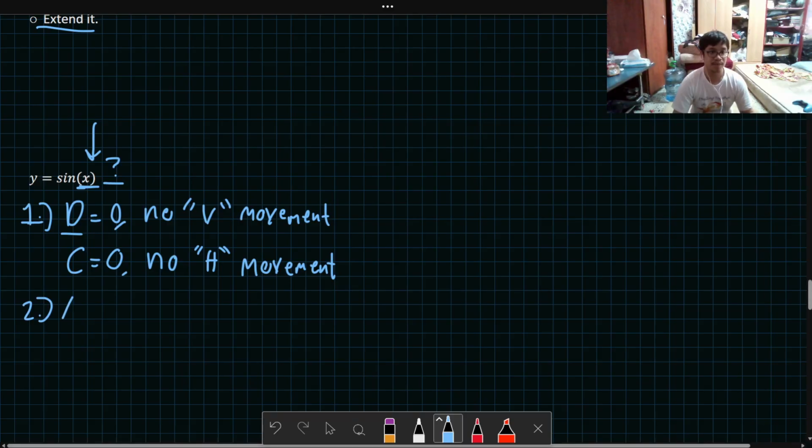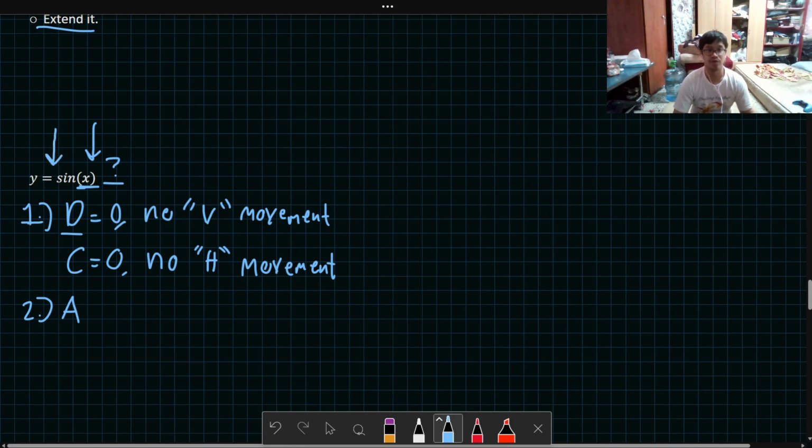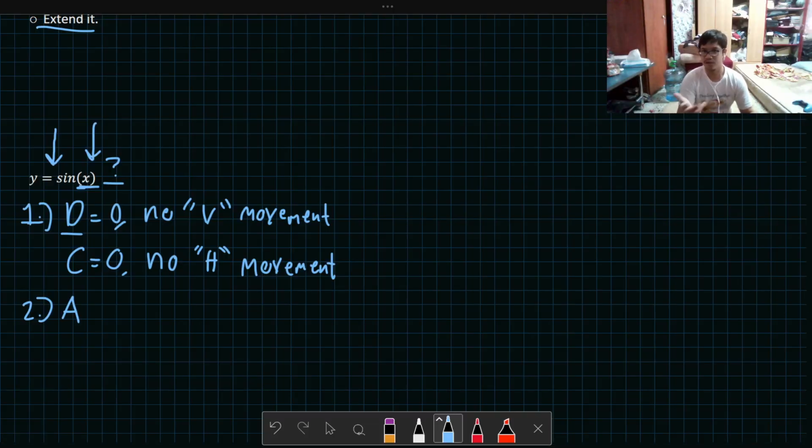Let's start first with the amplitude. Amplitude is the easy one because the amplitude is basically the positive coefficient of your sine function, so basically the number beside the function. Here, just like finding the D and C, it's not visibly given. We don't see it.